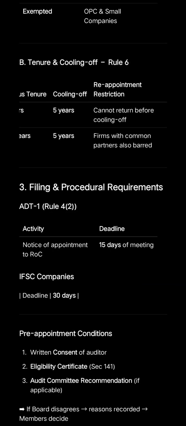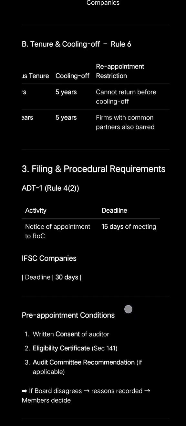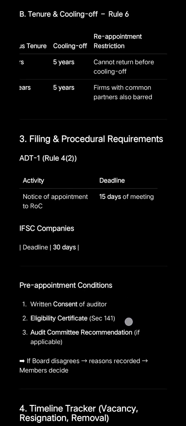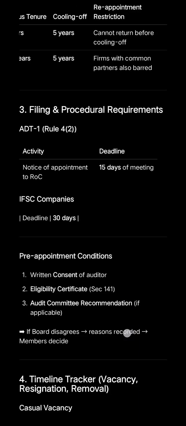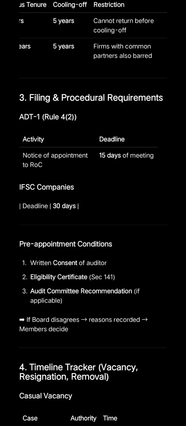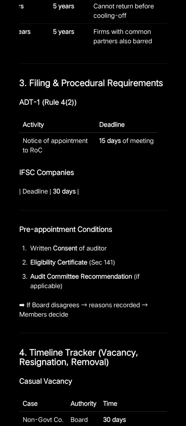For an individual, the cooling off period is 5 years. For an audit firm, the cooling off period is again 5 years. But an individual cannot be reappointed after one tenure, but a firm can be appointed after 5 years also, to a maximum period of 10 years. Then, after that the cooling off period is 5 years.